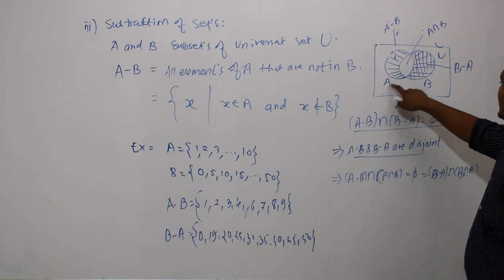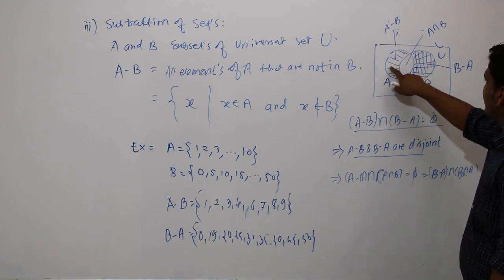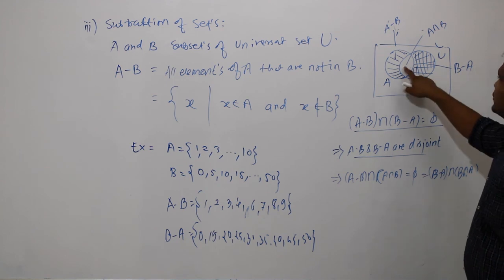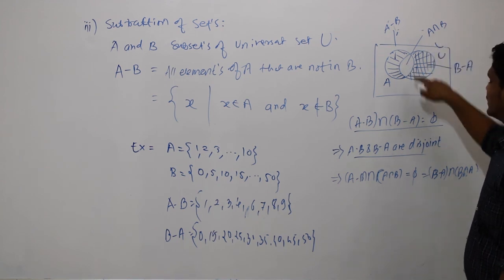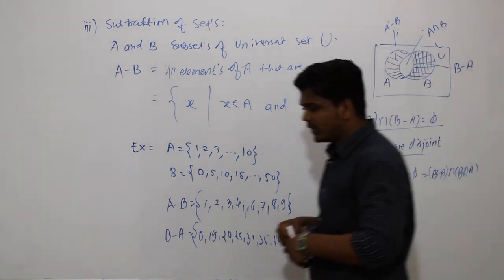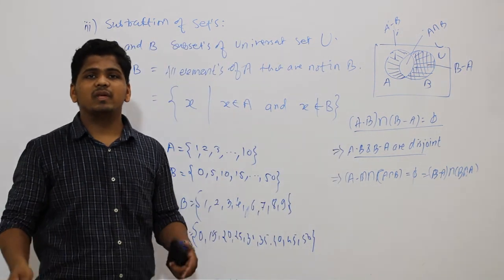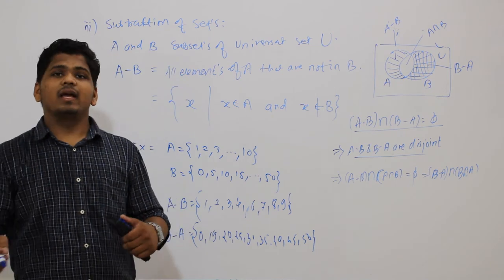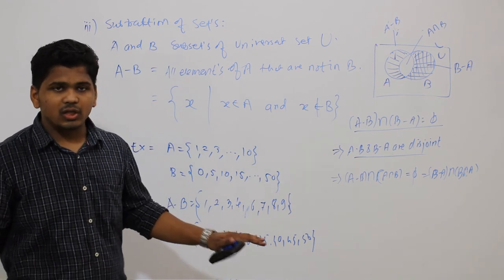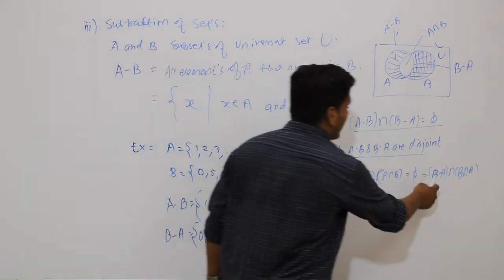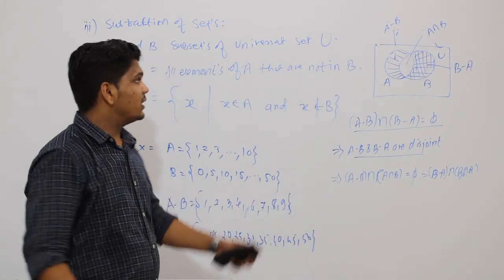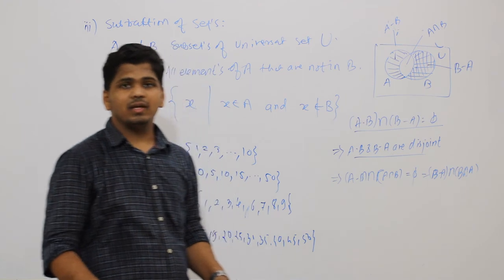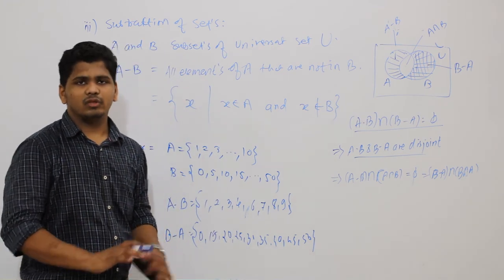Means your A intersection B with A minus B is also phi. Also B minus A intersection with A intersection B is nothing but phi. Means you do not have any elements common to A minus B and A intersection B. That's why A minus B and A intersection B become disjoint sets. Also B minus A and A intersection B is also an empty set. That means your A minus B, B minus A and A intersection B become disjoint sets.